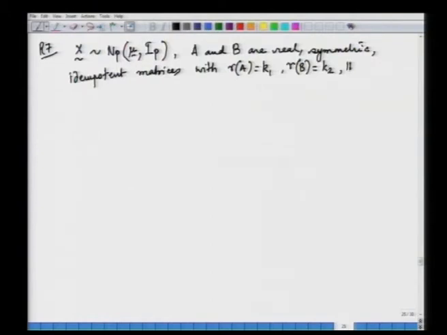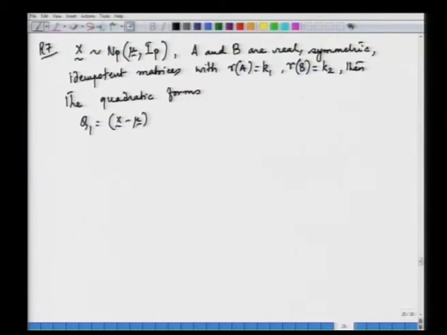Then the quadratic forms Q1, the first one, is (x minus mu) transpose A (x minus mu).